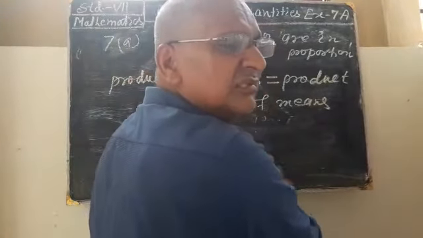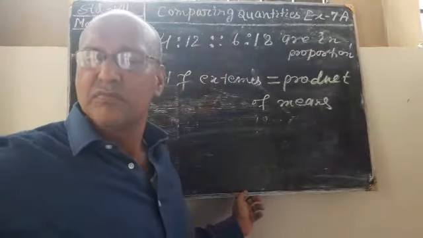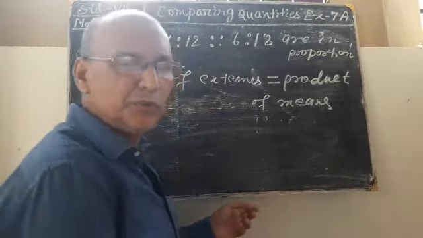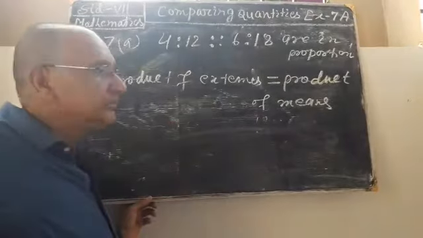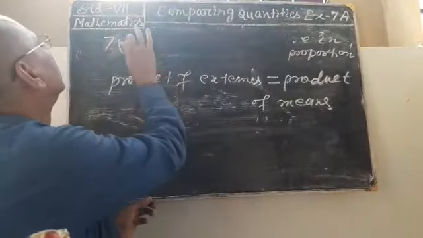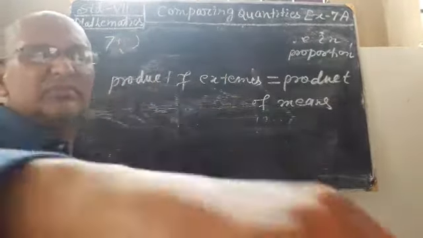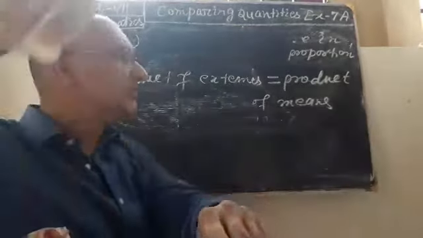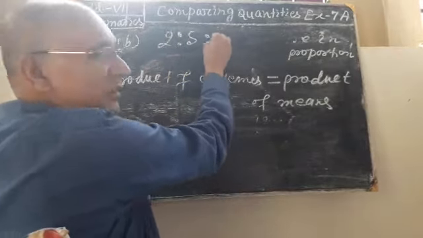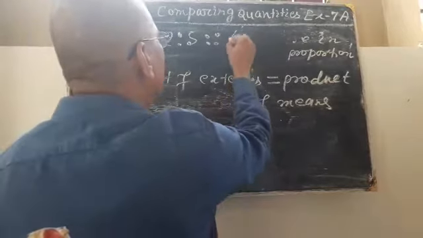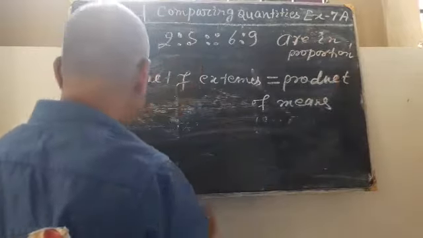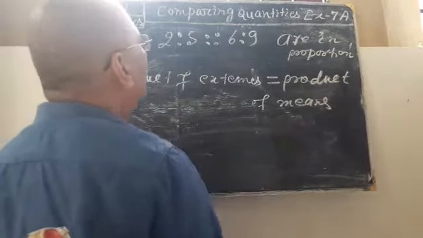The second one is question number B. Are the following 2 is to 5, double is to 6 is to 9 in proportion? Same formula we will apply.